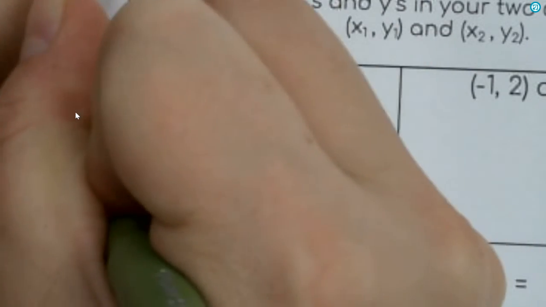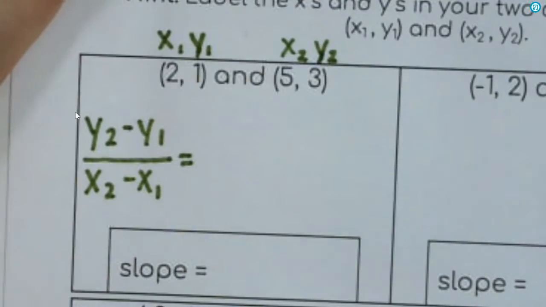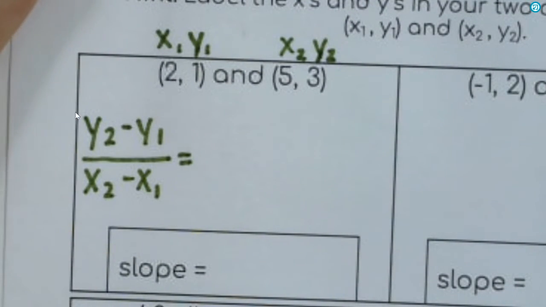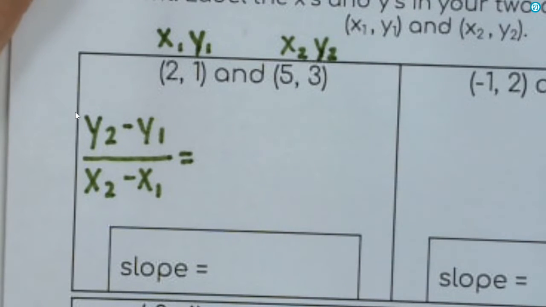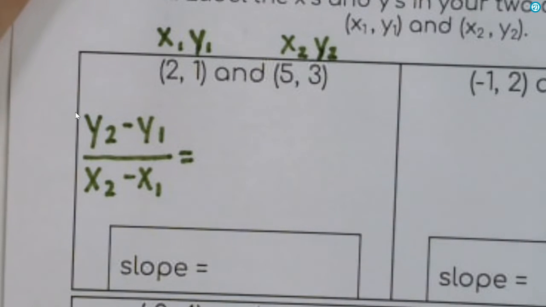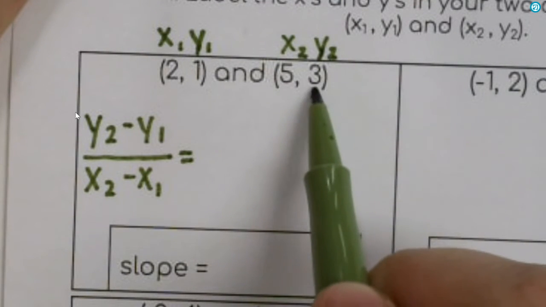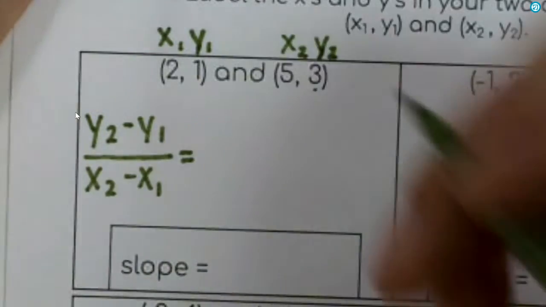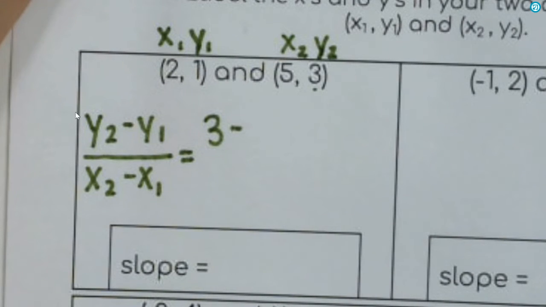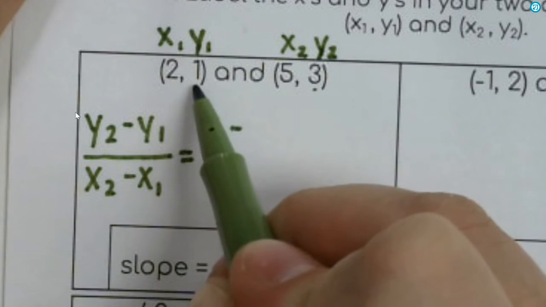So my formula is y2 minus y1 on top over x2 minus x1 on bottom. We have to just figure out where those 4 numbers go. y2 is the y for our second ordered pair, so that is this 3. So on top, I'm going to have 3 minus y1, which is the y from my first ordered pair, so that is 1.